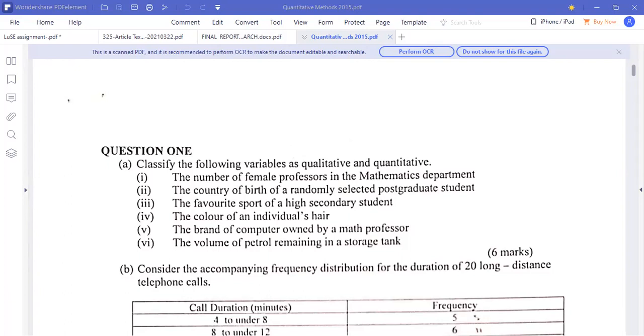Quantitative data is data that is numeric. It measures how many, how much, how often. It measures numbers, whereas qualitative data measures the types that could be represented by a name, a symbol, a number code. These are what we call qualitative data.